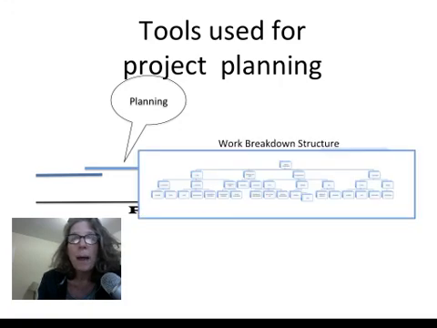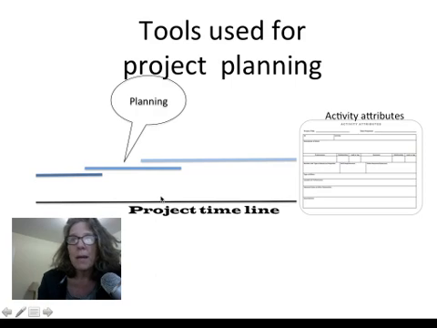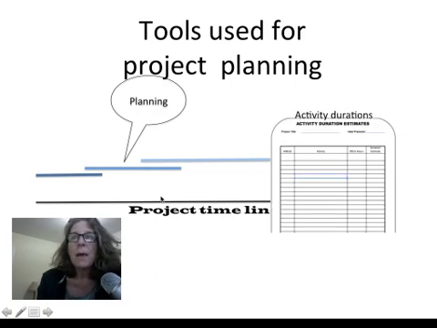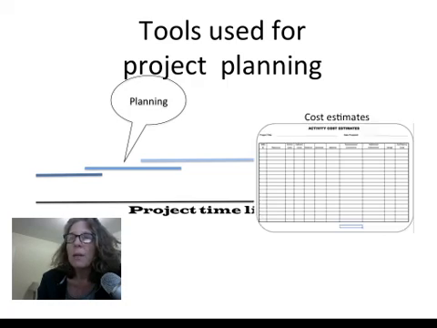All of those activities at the very bottom need to be defined in great detail by the activity attributes. And then beyond that, you also might have some sort of tool that looks at the durations of all the activities. And from that, you can look at the costs associated with it, and if there are any resources that are needed, people or tools or materials. So you might want to have something like that.